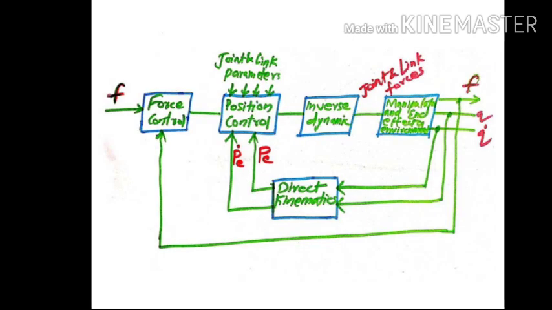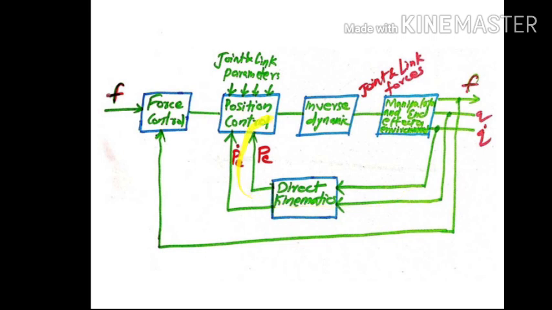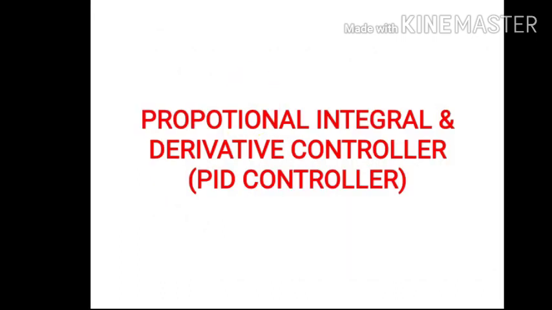This is the basic diagram of force and position control of a manipulator. Here, the force and position are controlled by this feedback control loop. We are providing force and position control here.